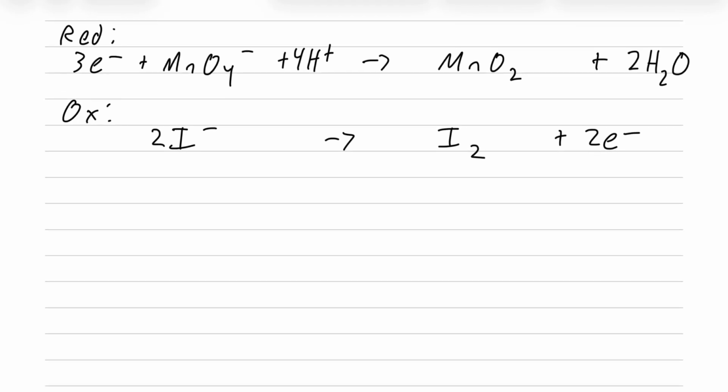Once we have these balanced half reactions, you might think, okay, great, now we add them together, right? True. But we have to consider the number of electrons being transferred. Okay, so a redox reaction is like a handoff of electrons, right? I give 3 electrons over to you, right?